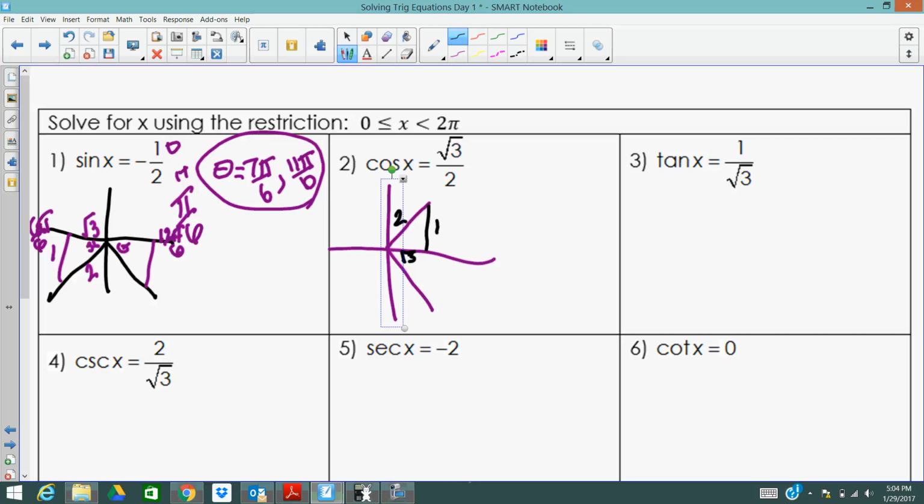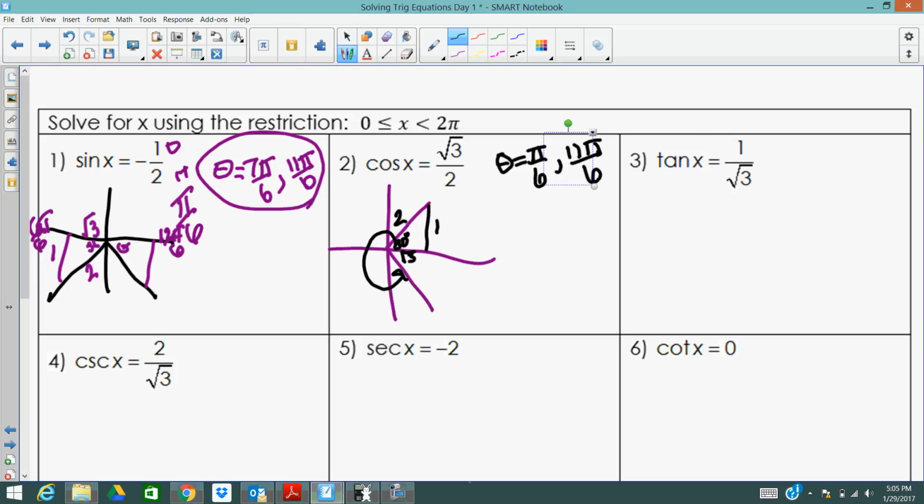So fill in the 30, 60, 90 triangle, which means our reference angle again is going to be 30 degrees, or pi over 6. So in quadrant 1, our reference angle is pi over 6. And in quadrant 4, it's 2 pi minus pi over 6, which is 11 pi over 6.